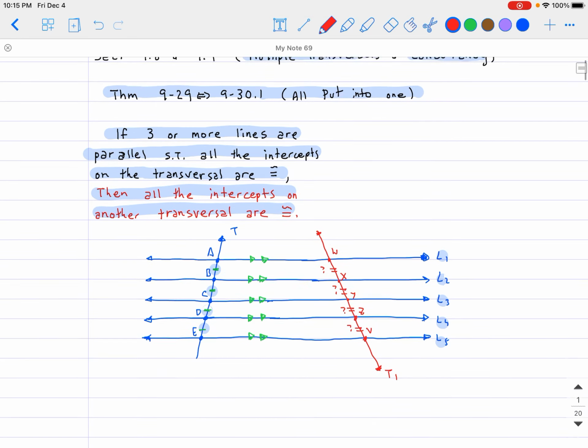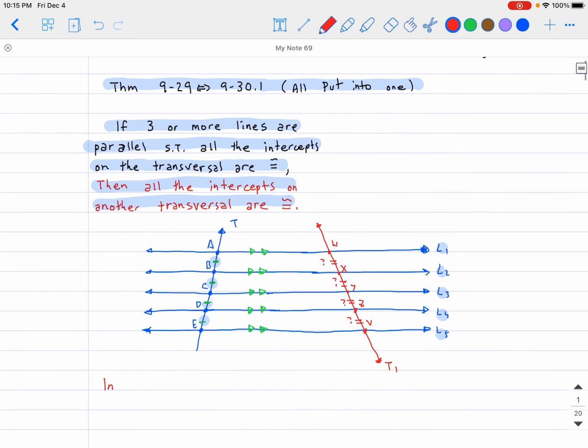So we're going to introduce a line, we'll call it T sub 2, such that T sub 2 is parallel to T, and also intersecting one of those points.